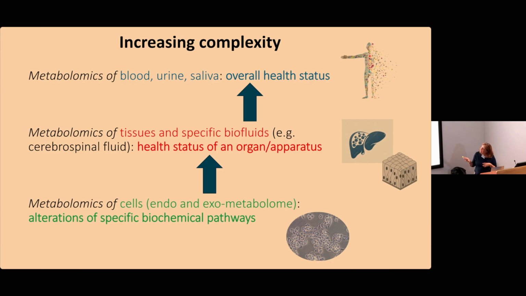But clearly it is a very overall and general effect that is difficult to interpret from the biochemical point of view. Something intermediate could be when we look at metabolomics of tissues or specific biofluids like cerebrospinal fluid, because they are mapping what is going on in a given organ or system.